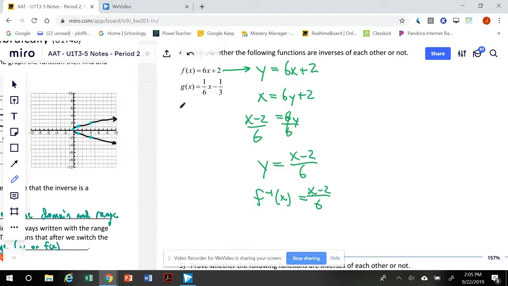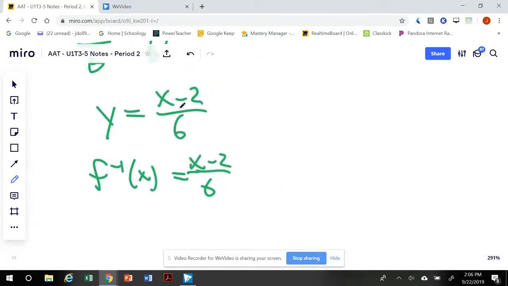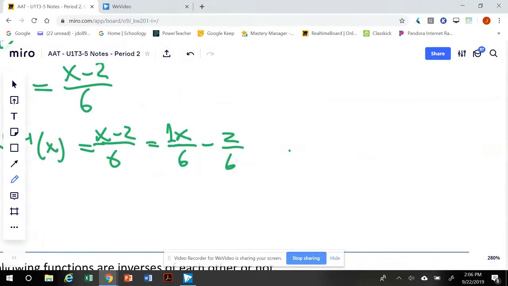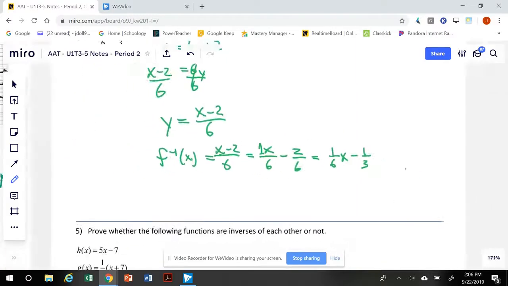Well, but here's the catch. This is written as one fraction with 2 terms in the numerator, and this is written as 2 separate terms. If we were to separate these 2 terms and write this as x over 6 minus 2 over 6, well, really what we have here is our ninja coefficient of 1. So you can see that that really is 1/6 x, and 2 over 6 will actually simplify to 1/3.